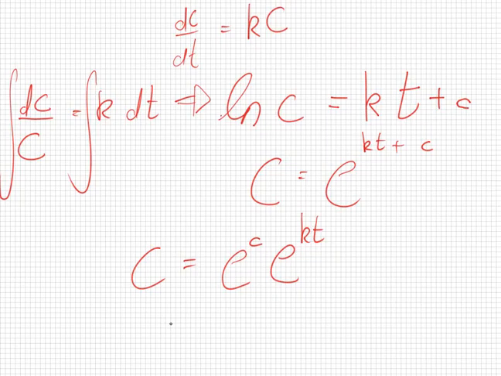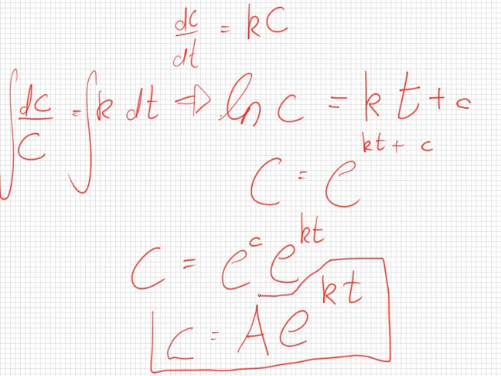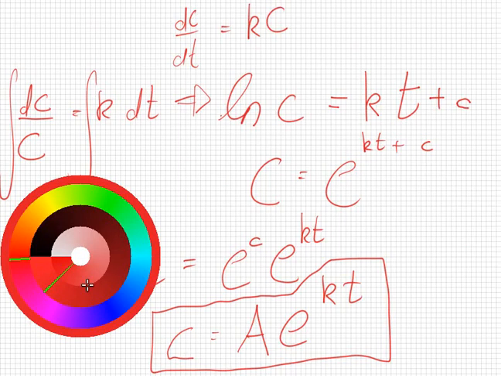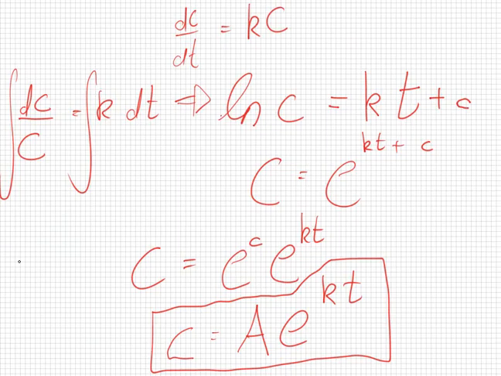So it is normal just to rewrite this as C equals some constant multiplied by e to the power of some constant times t. I just say here, let A stand for e^c. After all, it's still just some unknown constant. And please remember, I said it is fine to stop here also.